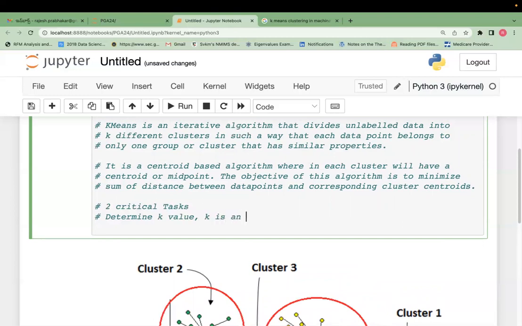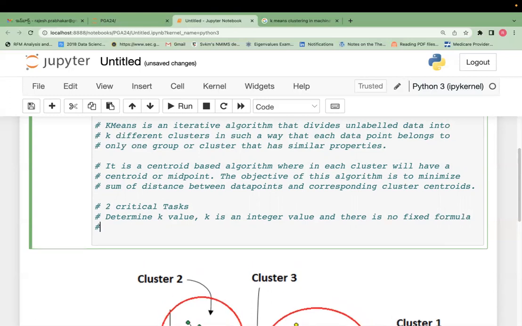K is an integer value and there is no fixed formula to find the best value of K. It is found through grid search or trial and error.